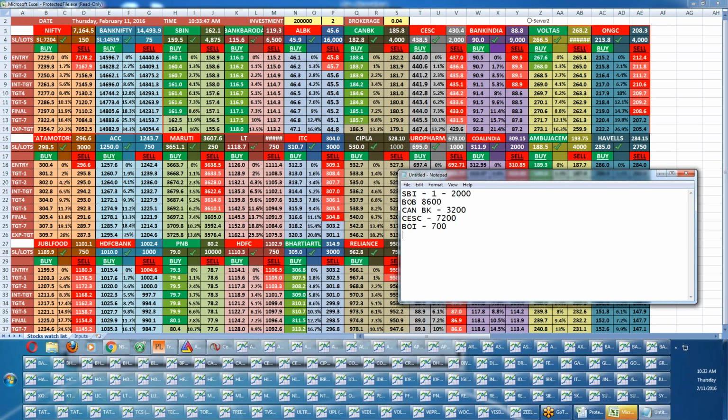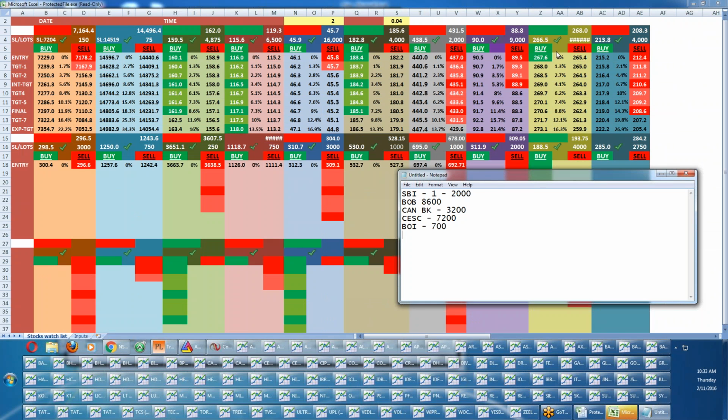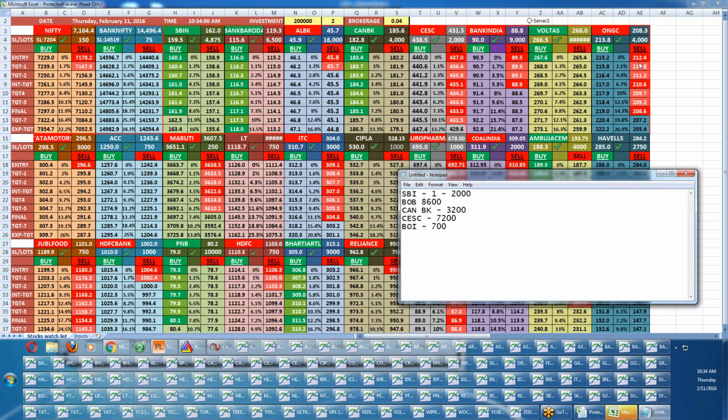We have Voltas, that's a buy call. It made its intermediate target. So let me just let that trade continue. Let's get into ONGC. 208.40 is the current price.